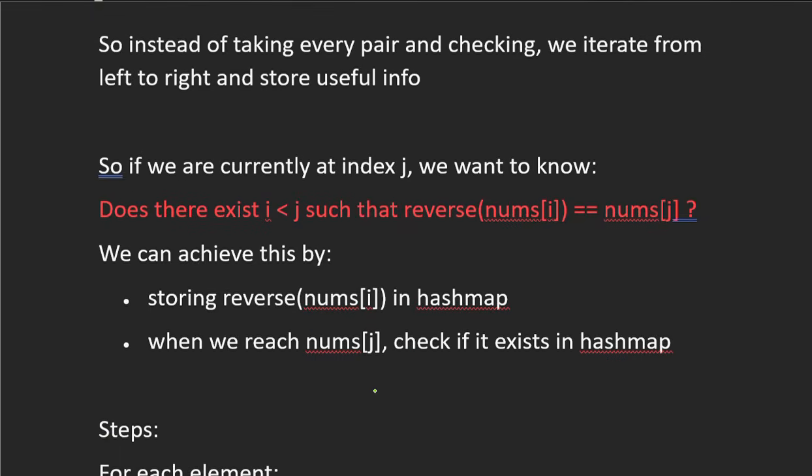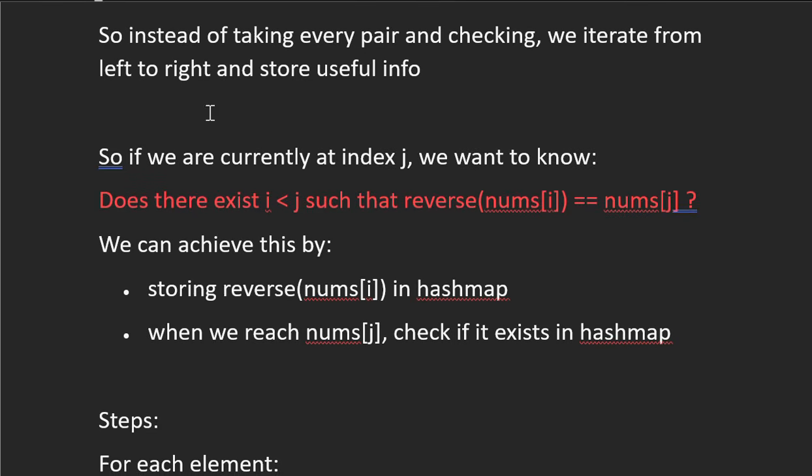But how? Instead of taking every possible pair and checking, as we know, our i is less than j, so we iterate from left to right and store useful information. What can be the useful information? If we are currently at index j, what do we want?